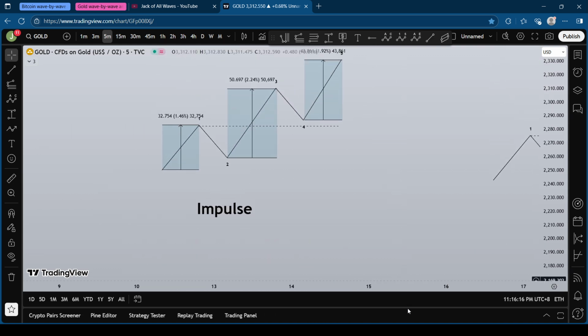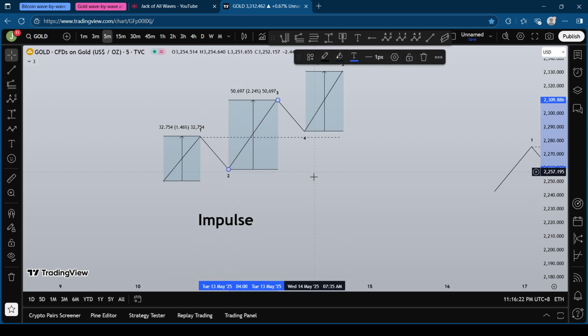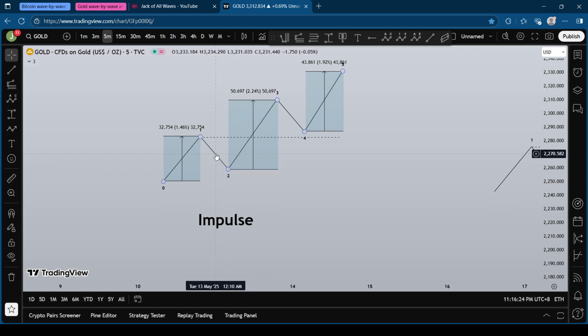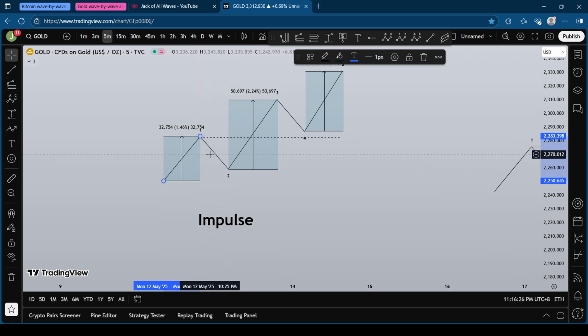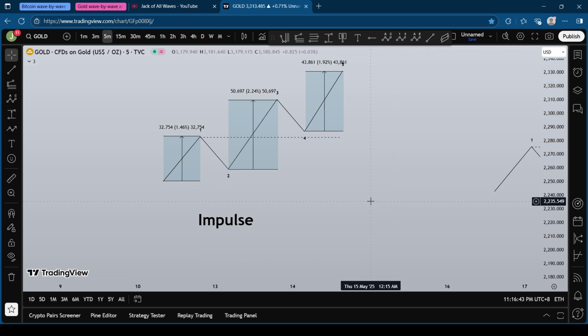In other words, if this is your wave 1, then your wave 2 should not go beyond the origin of wave 1, or else that will violate one of the cardinal rules of Elliott wave theory.